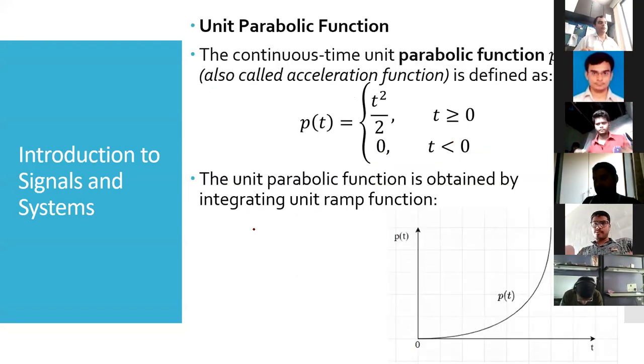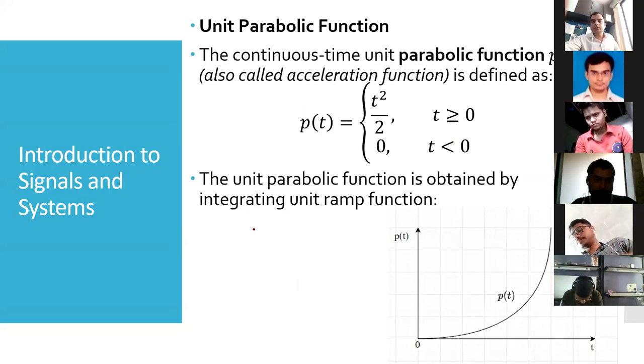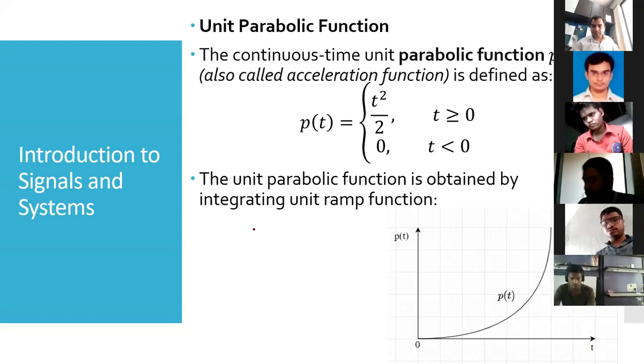Then we have a unit parabolic function. In the unit parabolic function, it is defined as P of t is equal to t square by 2 for t greater than or equal to 0, and it is 0 for t less than 0.